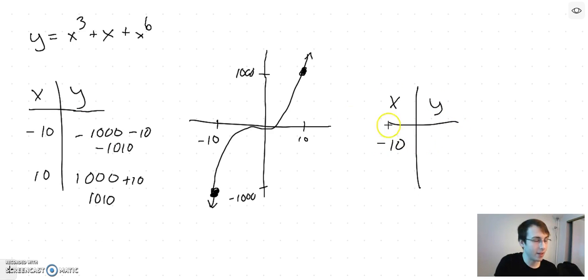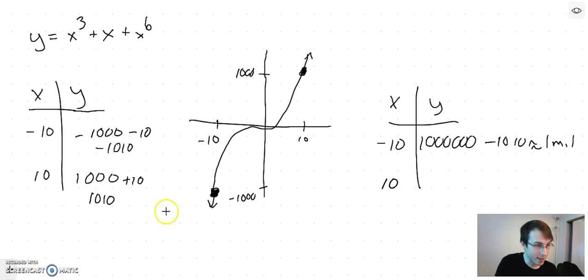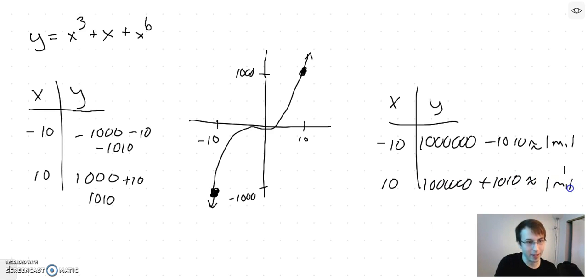At -10 it becomes positive 1,000,000 minus the original 1010 that we had before, which is still about 1,000,000. And at 10 we've got again positive 1,000,000 plus the 1010 we had before, and it's still positive 1,000,000 roughly.